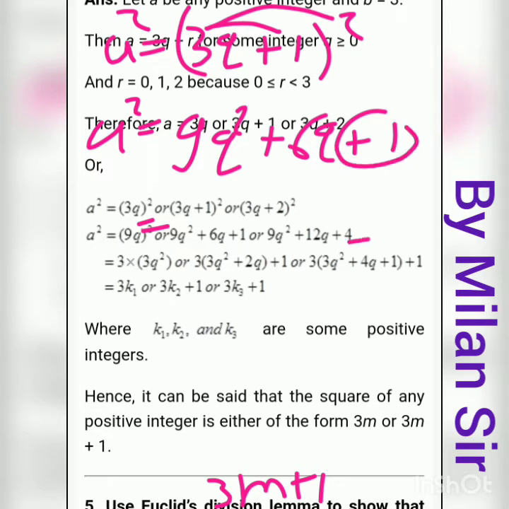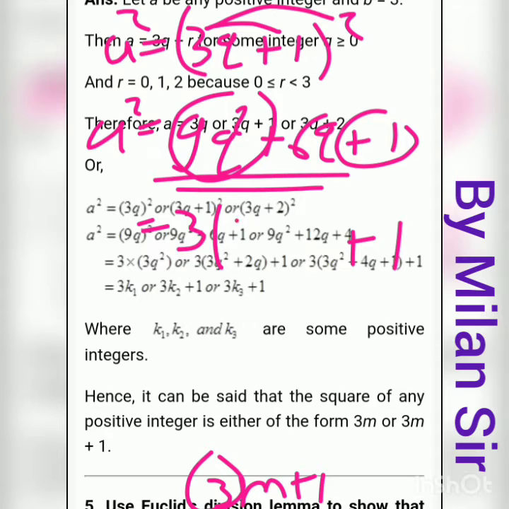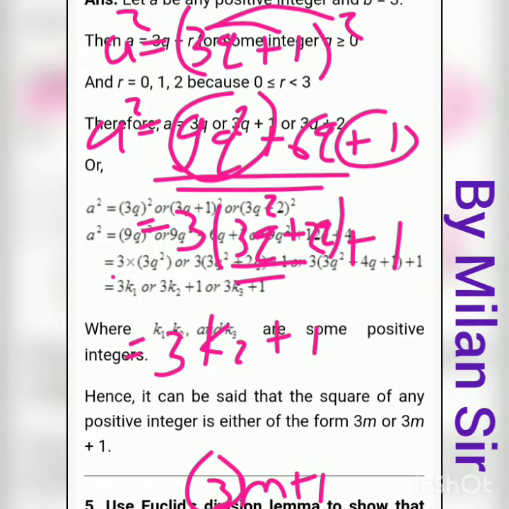So plus 1 we put as it is, and from here we want 3, so take 3 as a common. What remains: 3 3s are 9 and q square, then 3 2s are 6 and q. So 3 in bracket, 3q square plus 2q plus 1. Now we can take this bracket as k2, so 3k2 plus 1, where k2 is equal to 3q square plus 2q.